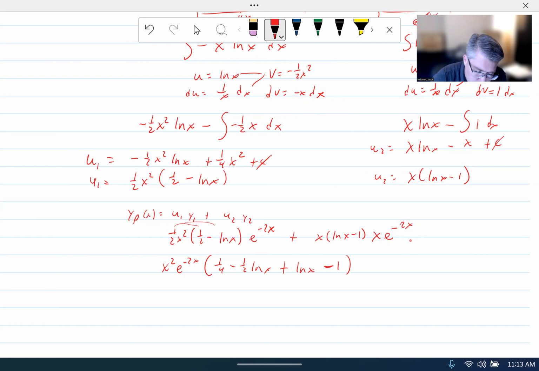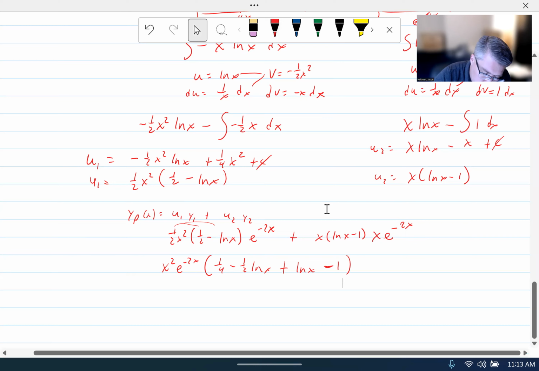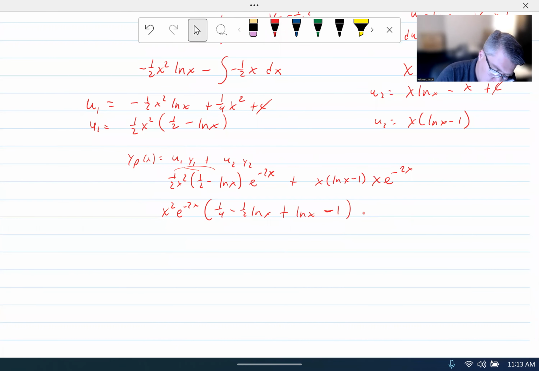Okay. So that I can simplify. This is going to become 1/2 natural log of x minus 3/4. And I get x squared e to the negative 2x. So that's yp of x.